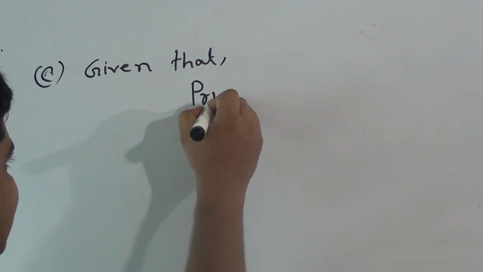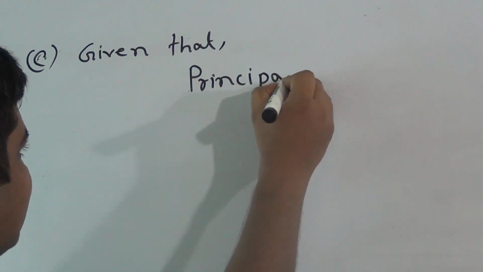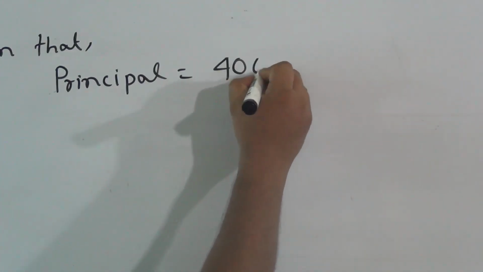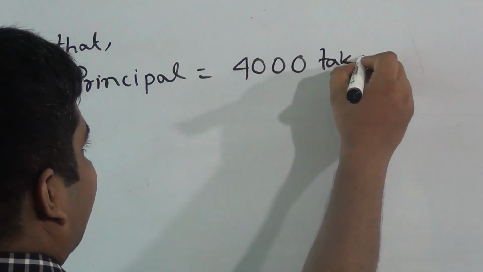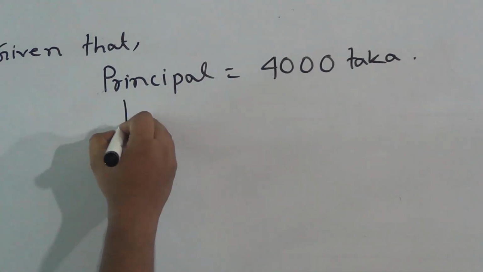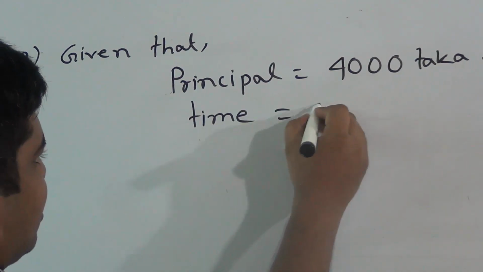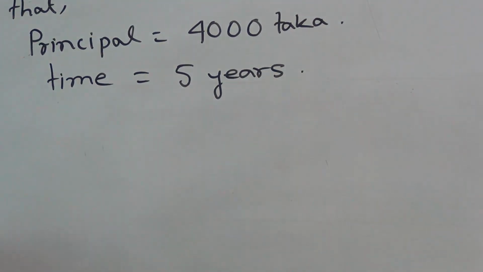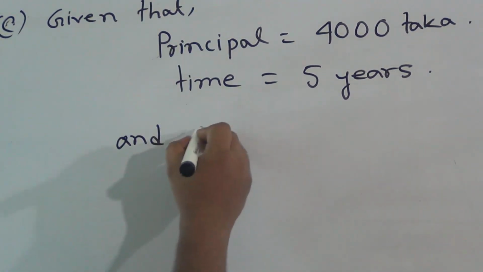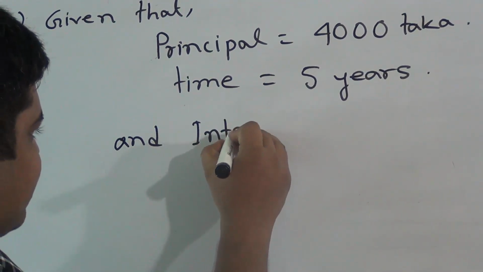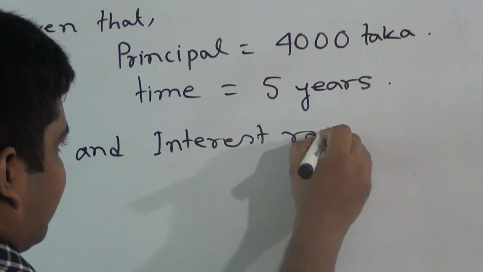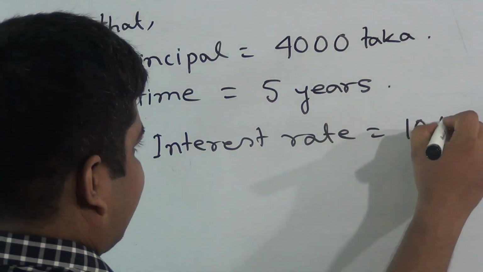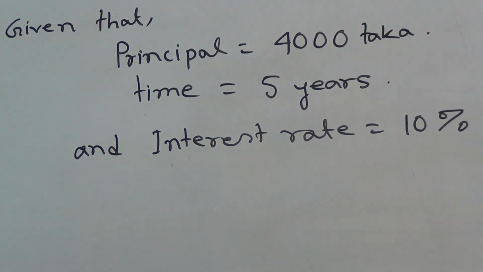Here principal is 4,000 taka, which is given. Okay, time is 5 years, which is also given in the question, and interest rate is 10%, which is given in the stem.